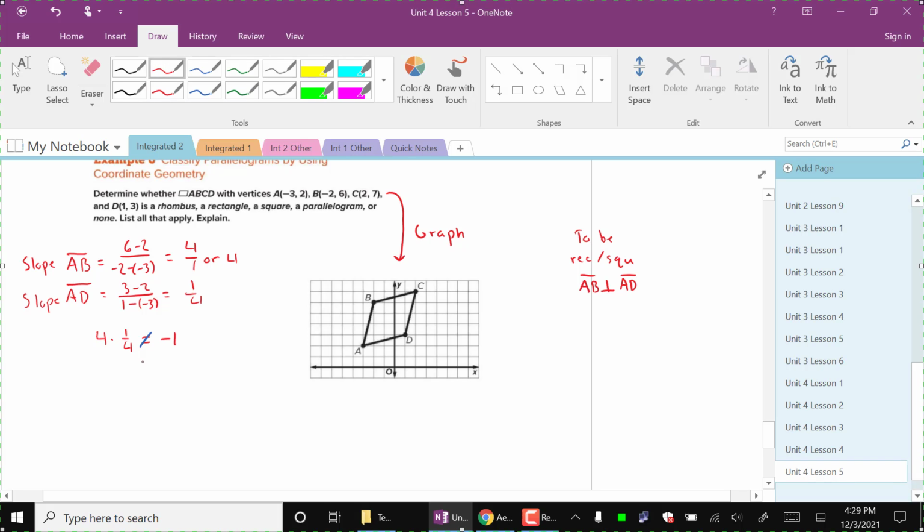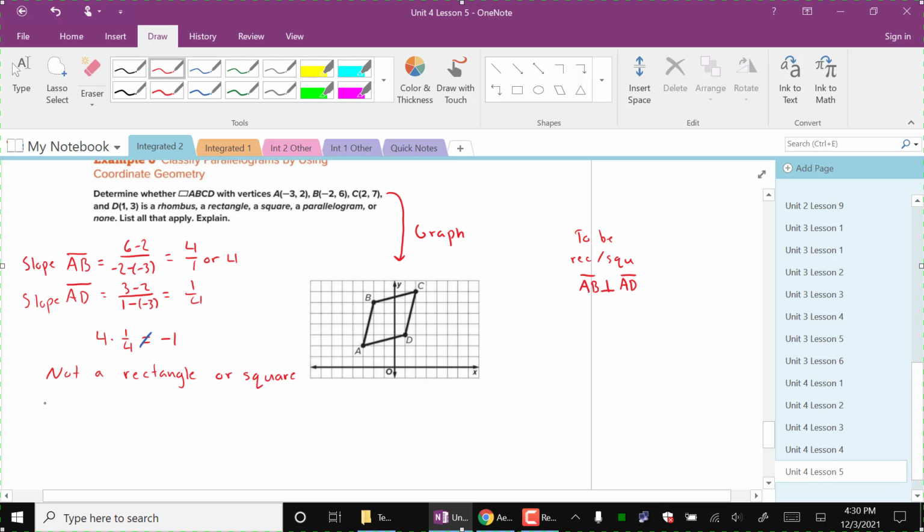So because I don't get negative 1, not a rectangle or square. Again, definition of perpendicular is that when you multiply the two slopes together, you end up with negative 1. But you don't get that in this case. You get 1, so they are not perpendicular to each other.